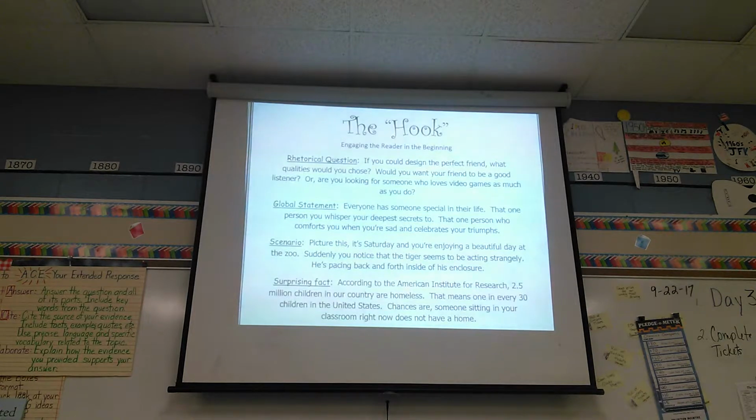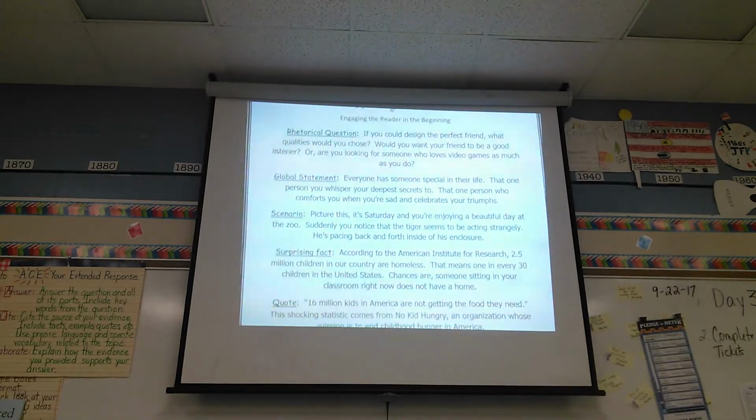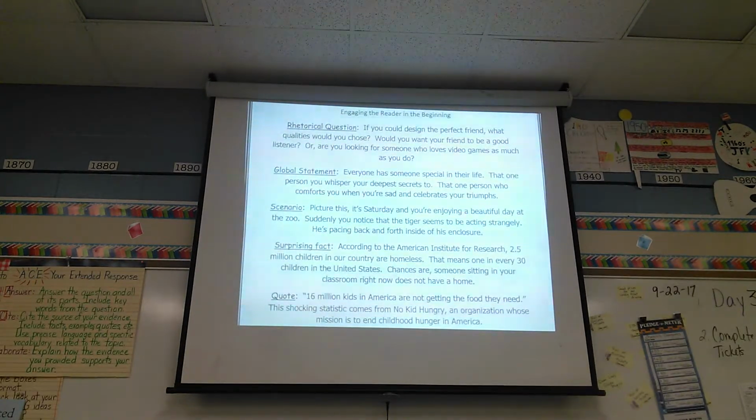There are many, many more than 5, but 5 is a good place to start. Many of you may be very used to using a question as a hook, but I'm going to challenge you, if you are in the habit of using a question all the time, to try something different. Okay, so let's review what the different hooks are.